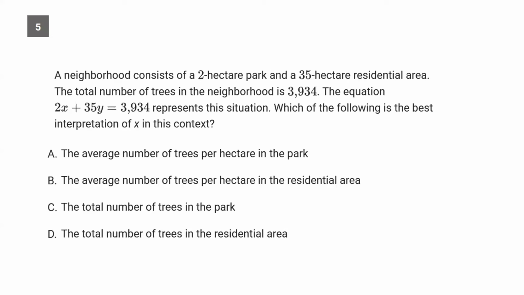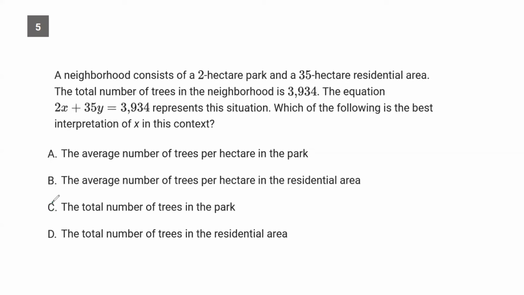A, the average number of trees per hectare in the park. B, the average number of trees per hectare in the residential area. C, the total number of trees in the park. D, the total number of trees in the residential area. So we can eliminate C because we're told the total number of trees is the 3,934, right? Oh, that's not what I wanted.